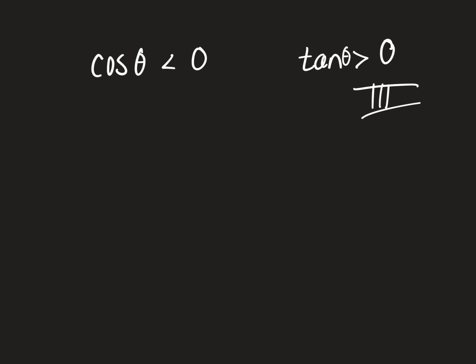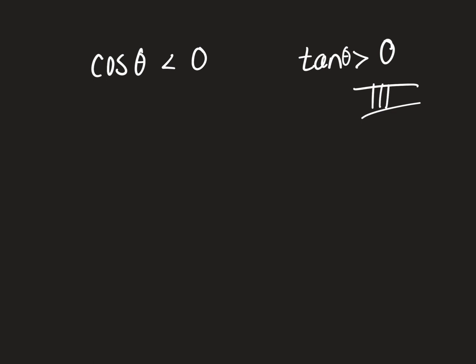But it's going to tell you like cosine, if it's less than 0, that means what? It's negative. So what quadrant where cosine is negative and tangent is positive? 3, right? Right, so basically that's what your homework questions are going to look like.